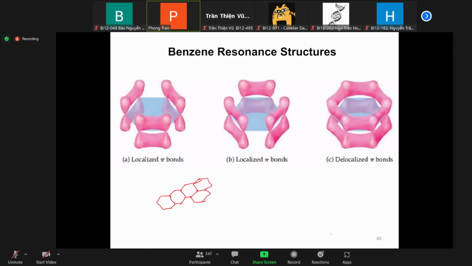Can do like this, like this one. Like this. Due to a delocalized.